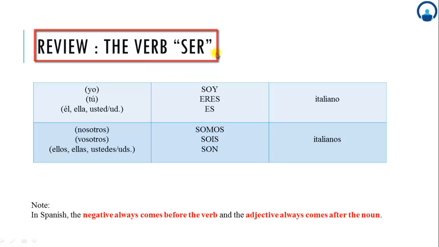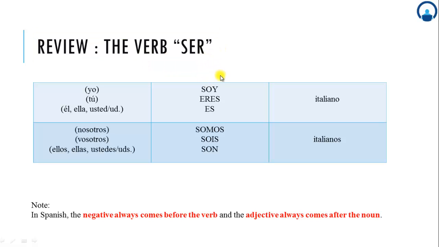The verb ser has the conjugations soy, eres, es, somos, sois, son. Yo soy, tú eres, él, ella, usted es, nosotros somos, vosotros sois, ellos, ellas, ustedes son.